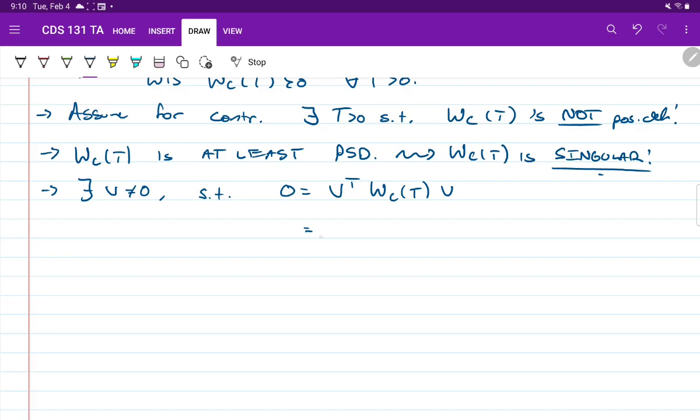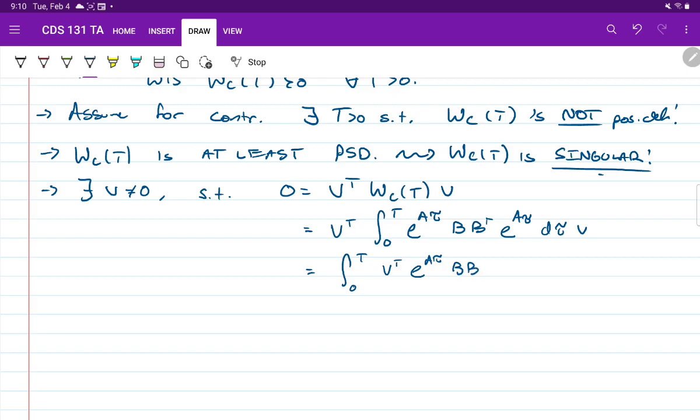Let's expand this definition. It's equal to v^T times the integral from 0 to t of e^{Aτ} B B^T e^{A^T τ} dτ times v. Pulling this in, we get the integral from 0 to t of v^T e^{Aτ} B B^T e^{A^T τ} v dτ. Now what do I recognize in here?